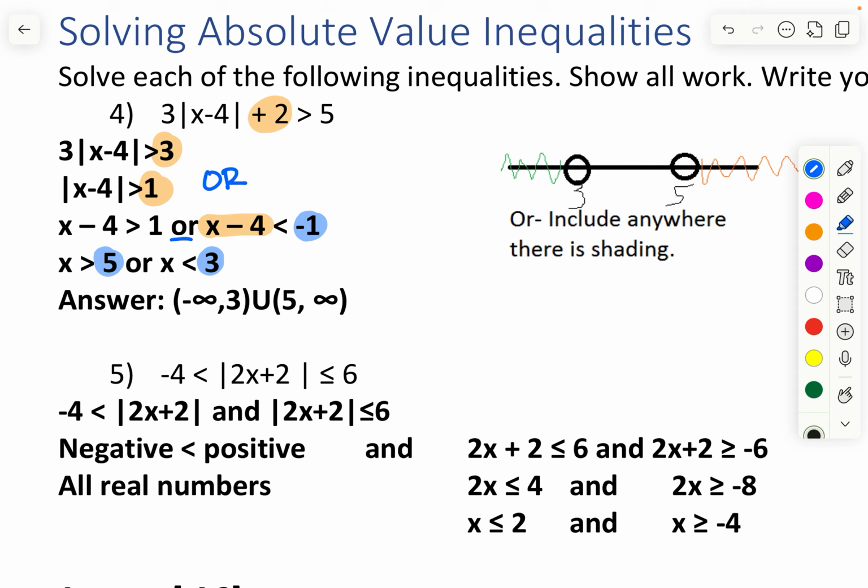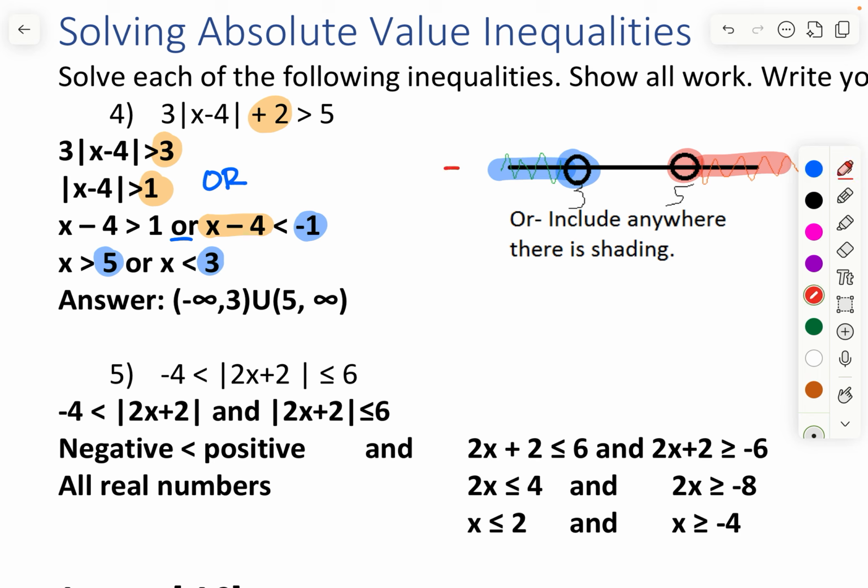So when I put this on the number line, I have my 3 open circle because it's a less than sign, so there's shading less than 3. And then I have 5 open circle because x is greater than 5, and I shade greater than. And remember, with an or, it's anywhere there's shading.